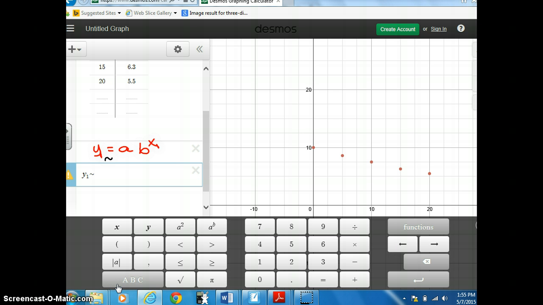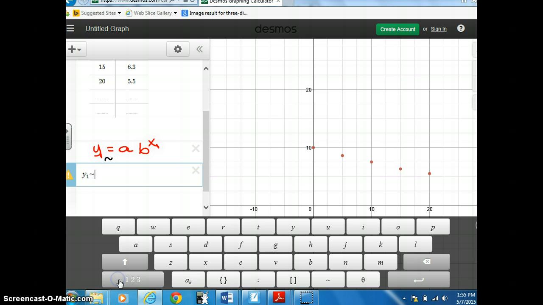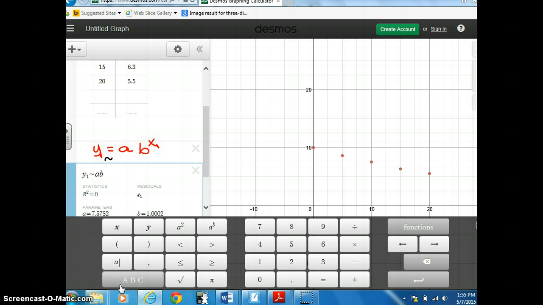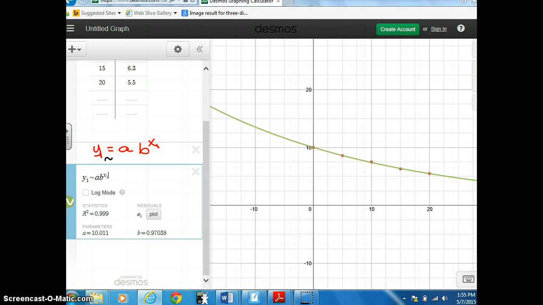And then you need to go back to the letters and say a times b, go back to the main screen on Desmos and put in an exponent of x sub 1. Once you do that, it gives you your function. It tells you, just like our graphing calculator did, what the a is and what the b is in our function. And you can see that it graphed it on there.